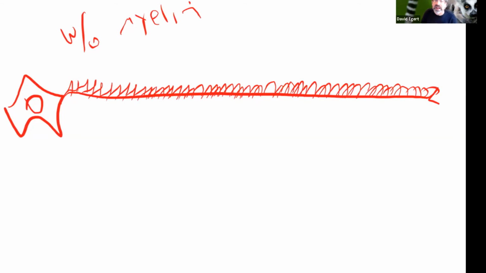Again, it takes a while. With myelin, boom, boom, boom, boom, boom, you're there. You only have to regenerate it every millimeter or so, instead of every little piece of membrane. So does that make sense?